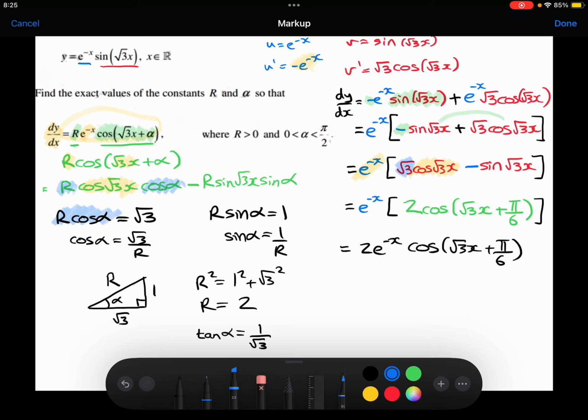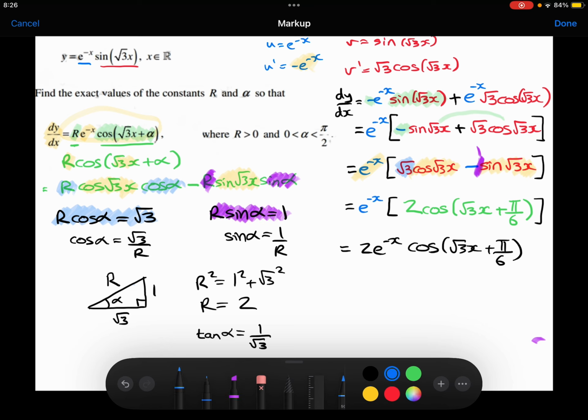So that's what I've written down here. And then we've got the sine root 3x here and a sine root 3x here, which is going to mean that the r sine alpha is just going to need to be 1 because there's no number at the front there. So there's a 1. So that's what I've written there.